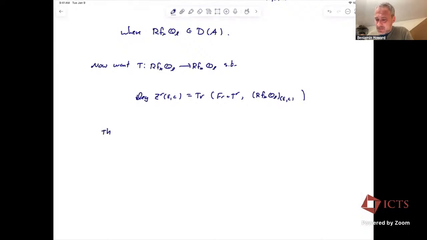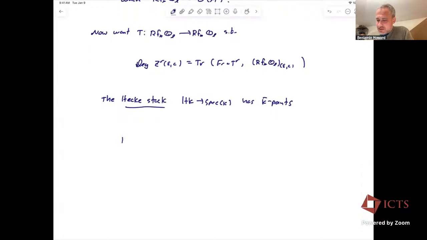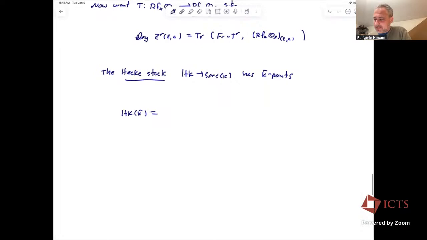So the Hecke stack, HK over spec K. Again, I'll tell you what the K bar points are. A K bar point of the Hecke stack is going to be the following list of data.